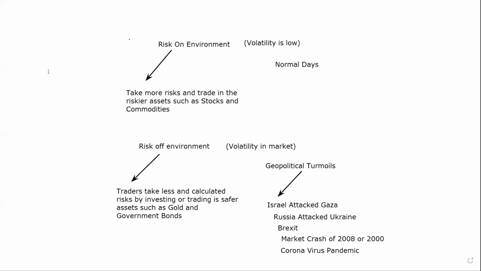Okay, let's suppose we have GBP/USD, and the other asset is EUR/USD. And both of these assets are moving in the same direction. Either they are going up or they are going down.